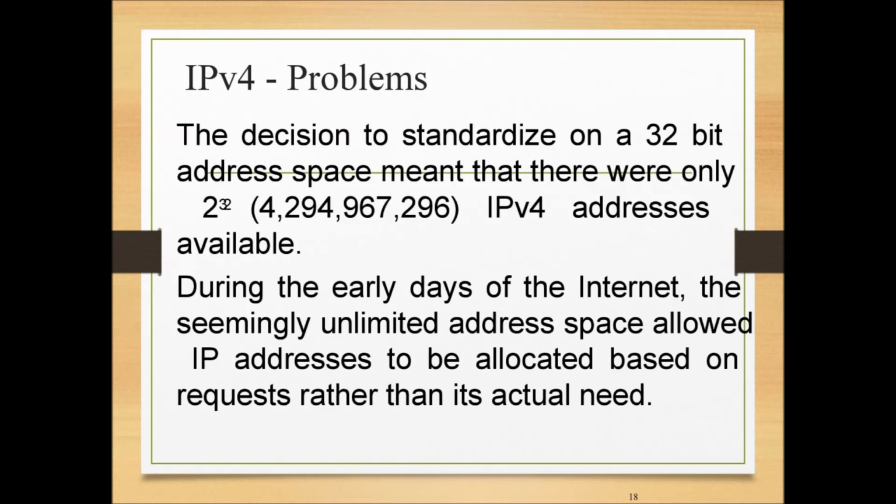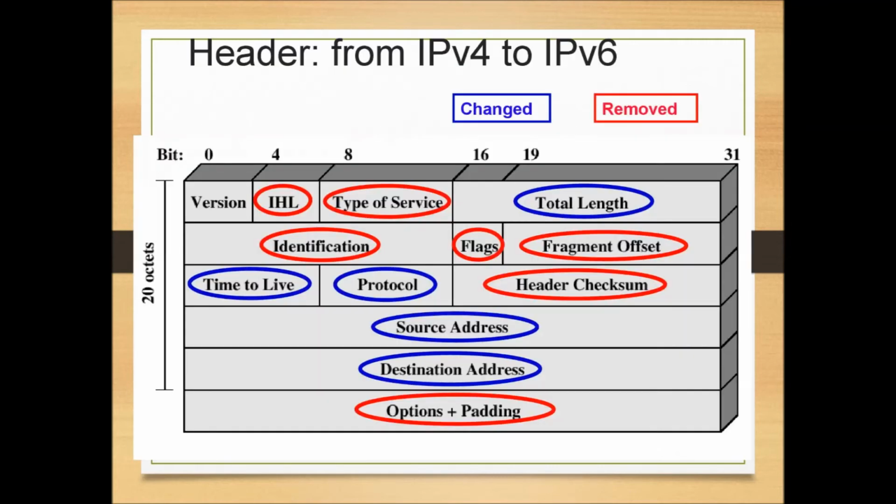During the early days of the internet, the seemingly unlimited address space allowed IP addresses to be allocated based on request rather than actual need. So that's why we have to switch over to IPv6, which is our next generation IP address on which the research is going on, and hopefully IPv6 will be launched in the market soon.